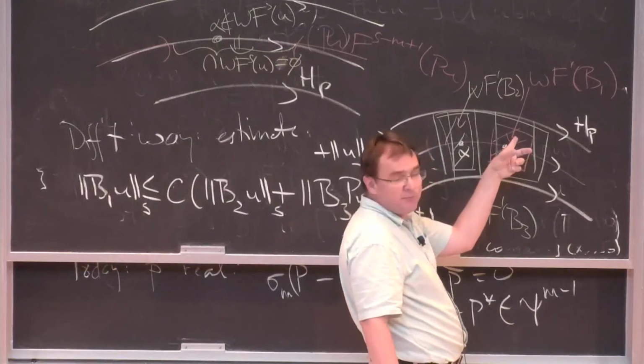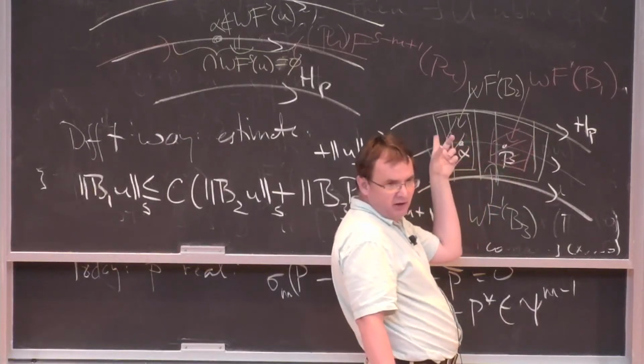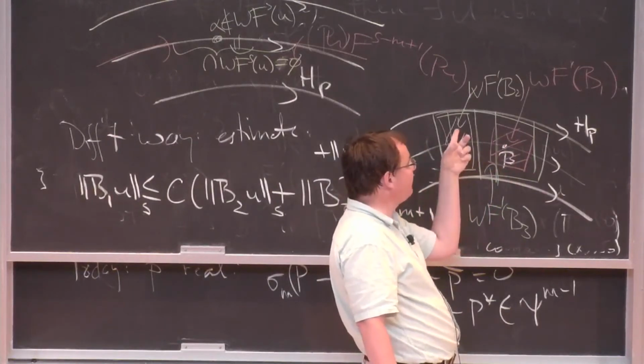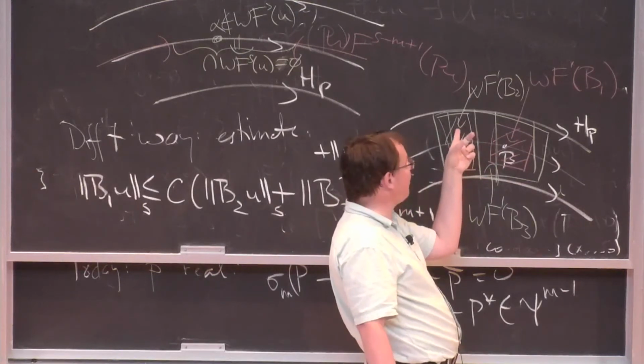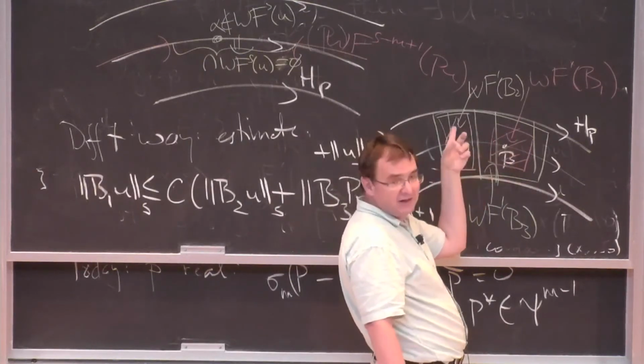When you start with any point here, take the backward integral curve, and you're supposed to reach a point in the yellow region while staying in the green region.